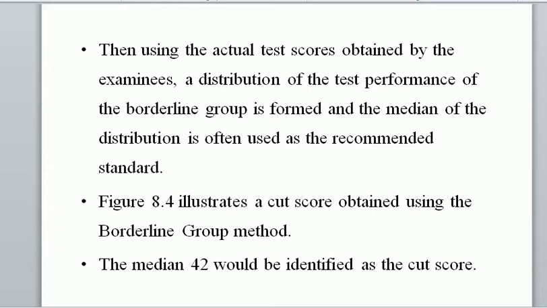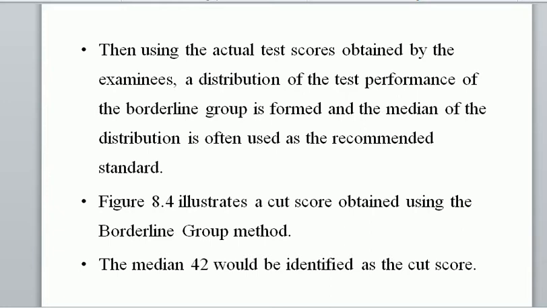Then, using the actual test scores obtained by examinees, a distribution of test performance of the borderline group is formed, and the median of the distribution is often used as the recommended standard.